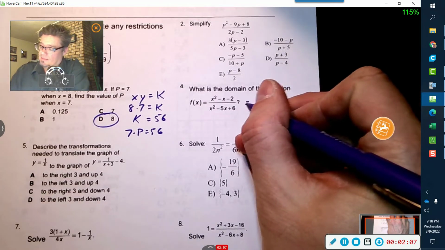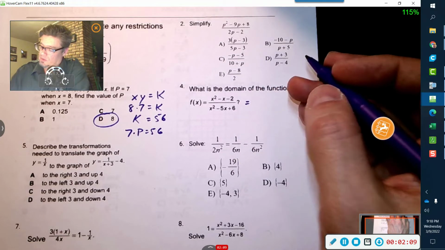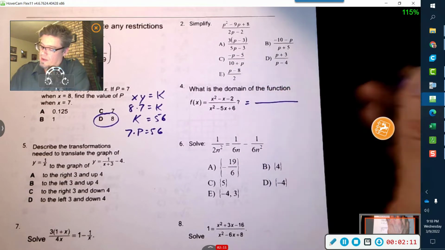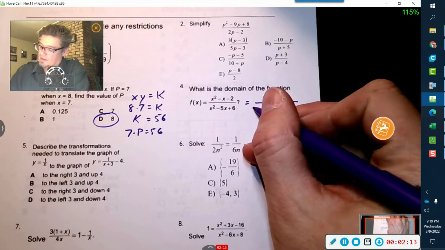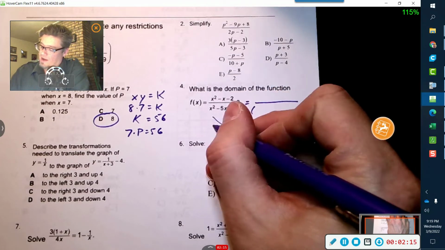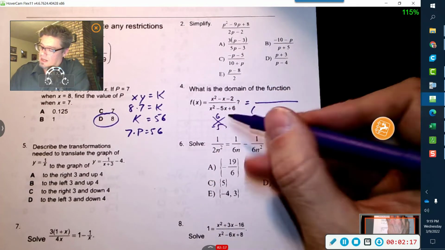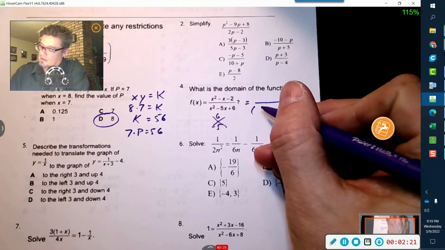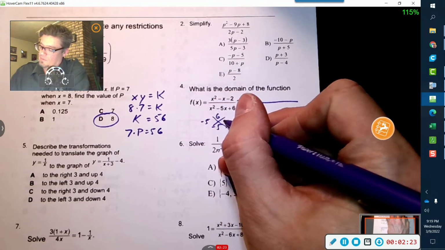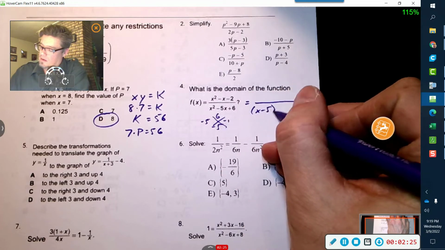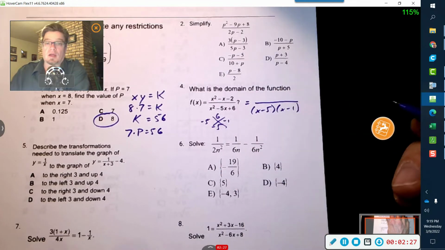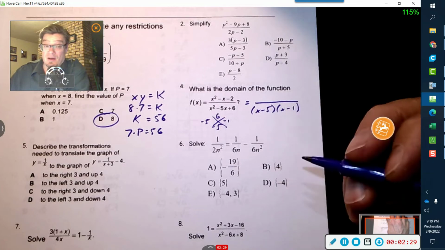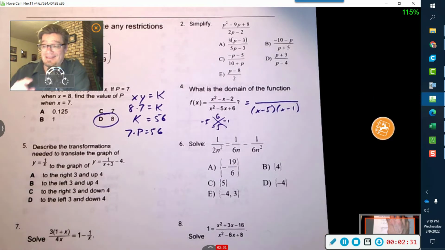We're going to go ahead and focus on this part over right here. We're going to factor it, and it looks like we would have, what is that, -5, -1. Now, I actually don't care about the numerator, because that's not going to cause a problem.